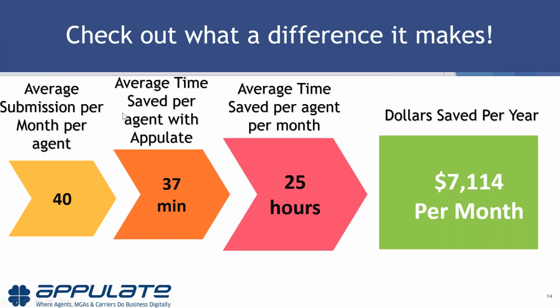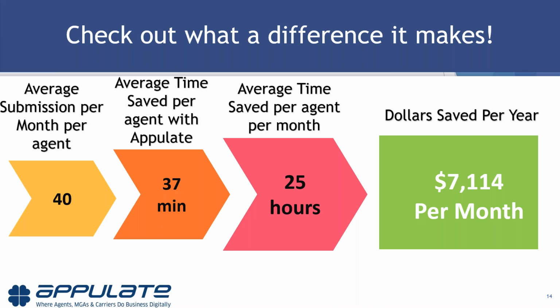So right away, this is based on both what the agents have told us and, of course, our data internally. Average submissions per month is about 40 per agent, which we combine with time saved per agent, which on the agent side is just data entry. It tends to be about 37 minutes per submission. That's a great number, but it's also conservative. We had a lot of results to that question, everything from 10 to 15 minutes per submission on up to hours and even days.